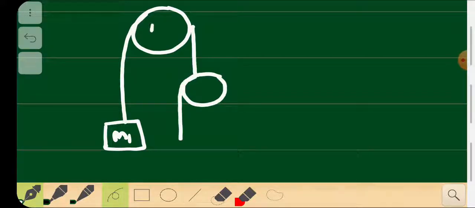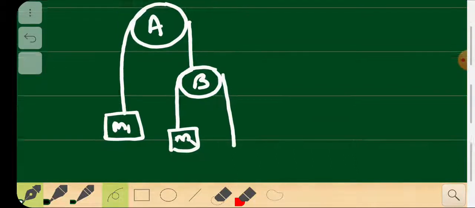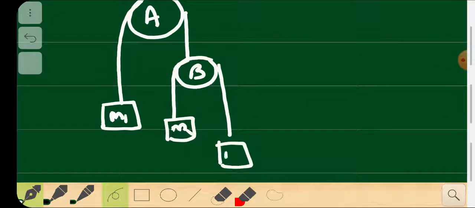I'm going to call this pulley A and this pulley B. This has another mass, I'm going to call this m2, and there is another mass hanging here, I'm going to call this m3. M1, m2 and m3, three masses, two pulleys. This is the system.